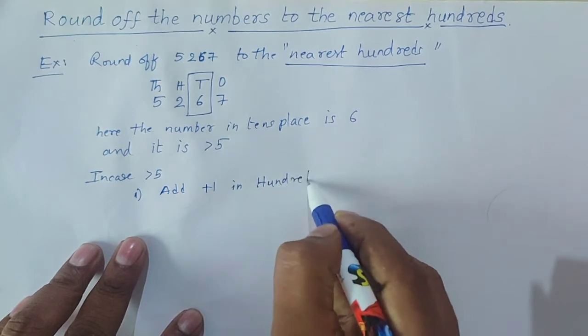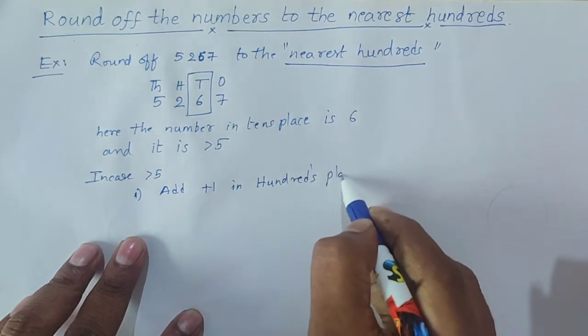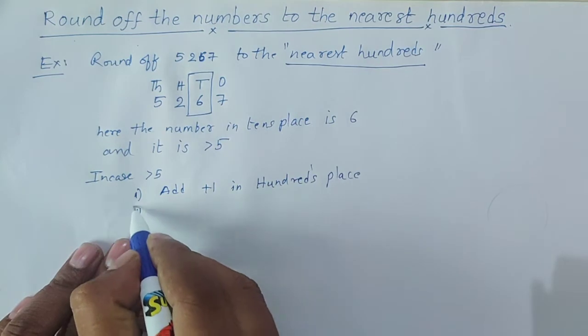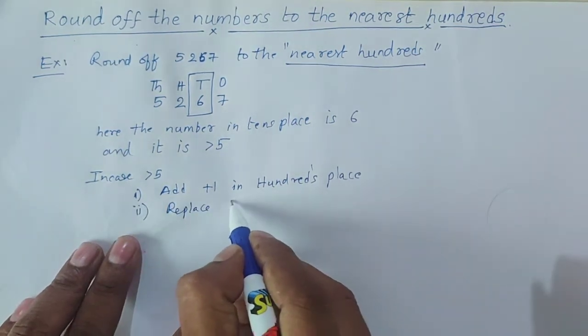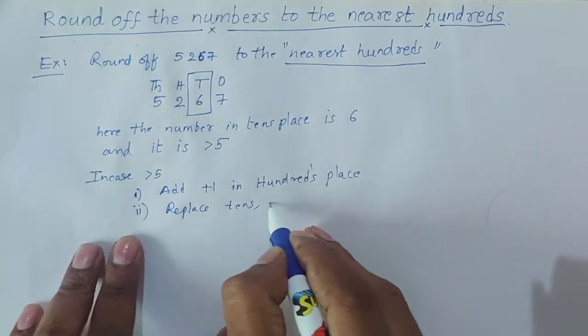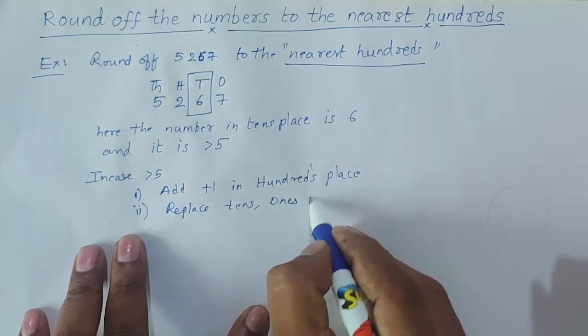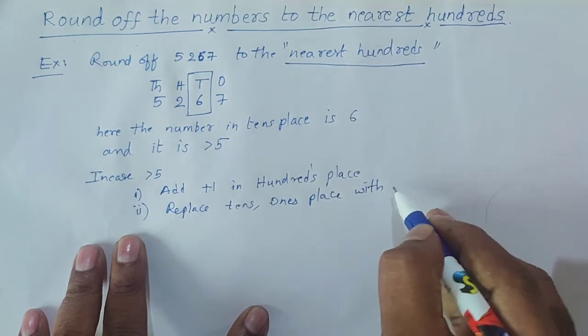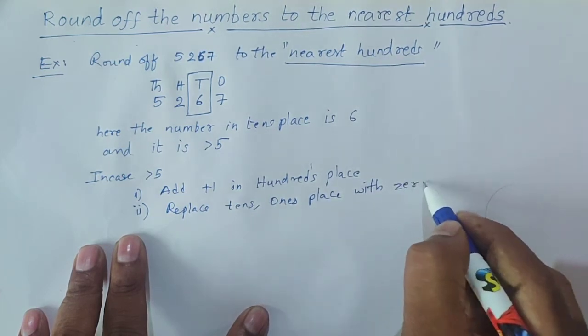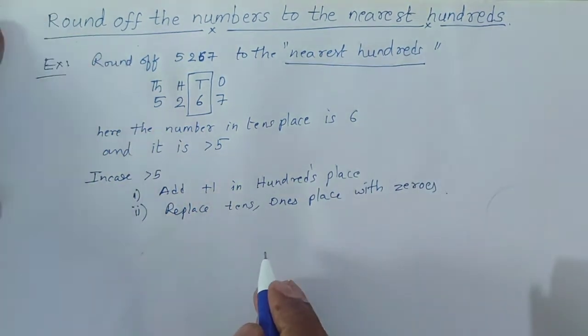Add plus 1 in hundreds place, and replace tens and ones place with zeros. So these are the two things we have to do.